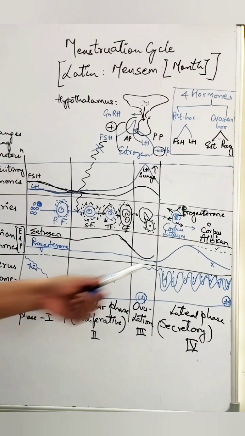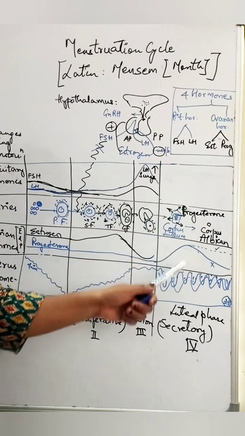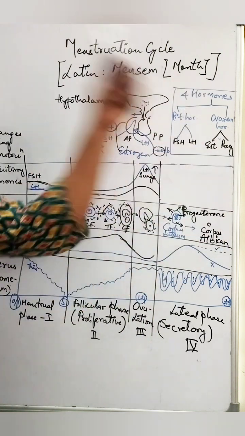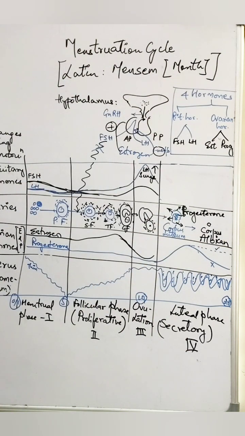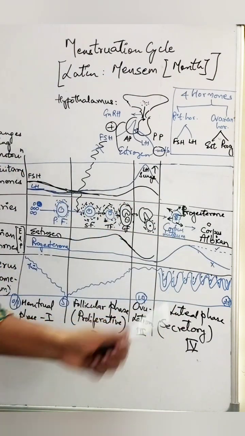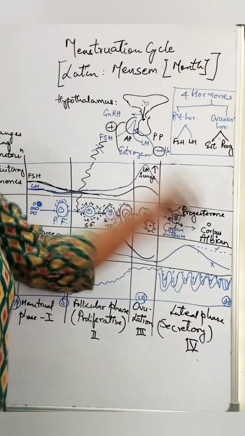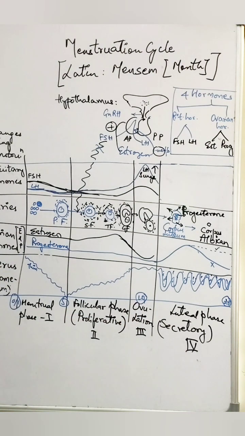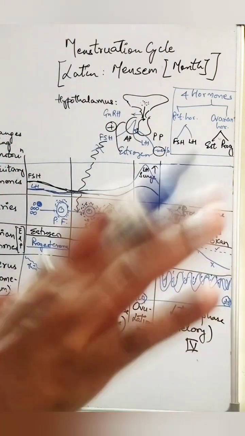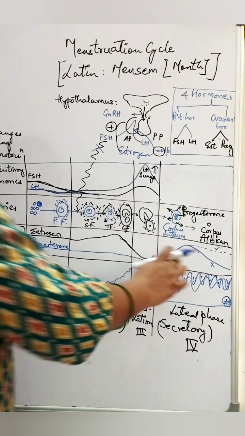If fertilization occurs, the corpus luteum will be there till the entire gestation period. But if fertilization does not occur, the corpus luteum will get converted into corpus albicans. That is a sign that pregnancy is negative. There is no pregnancy, so progesterone will come down.